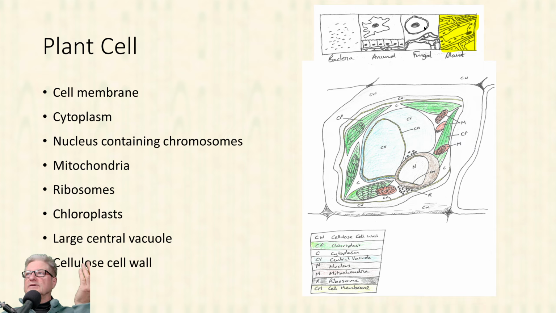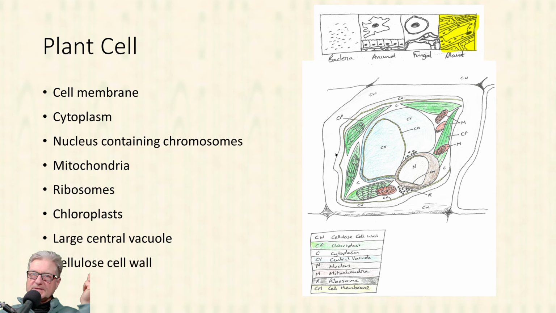And then they have the two things that all eukaryotic cells, all complex cells have. They have a nucleus and they have mitochondria. So the animal cell, the fungal cell, the plant cell have all of these five things. All three of them have all of those, okay? They have ribosomes, mitochondria, nucleus containing chromosomes, cytoplasm, and cell membrane.